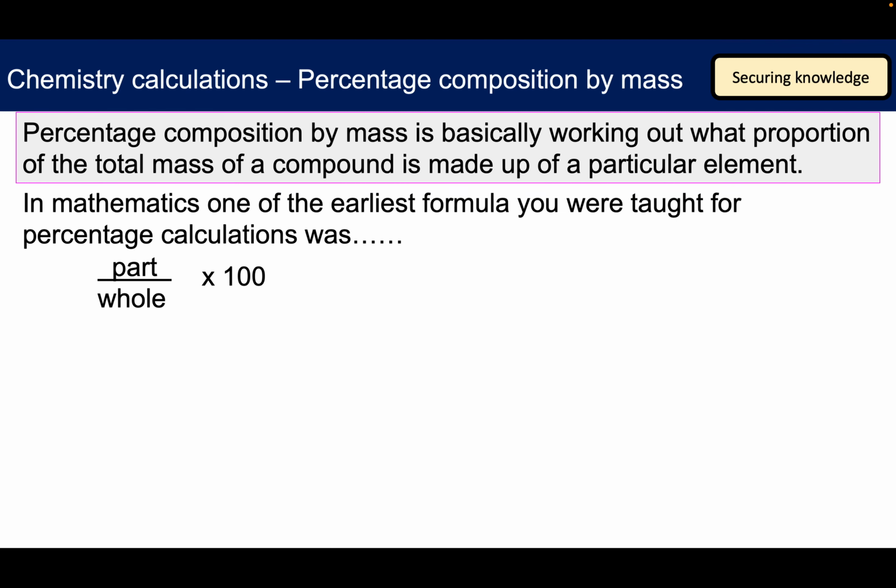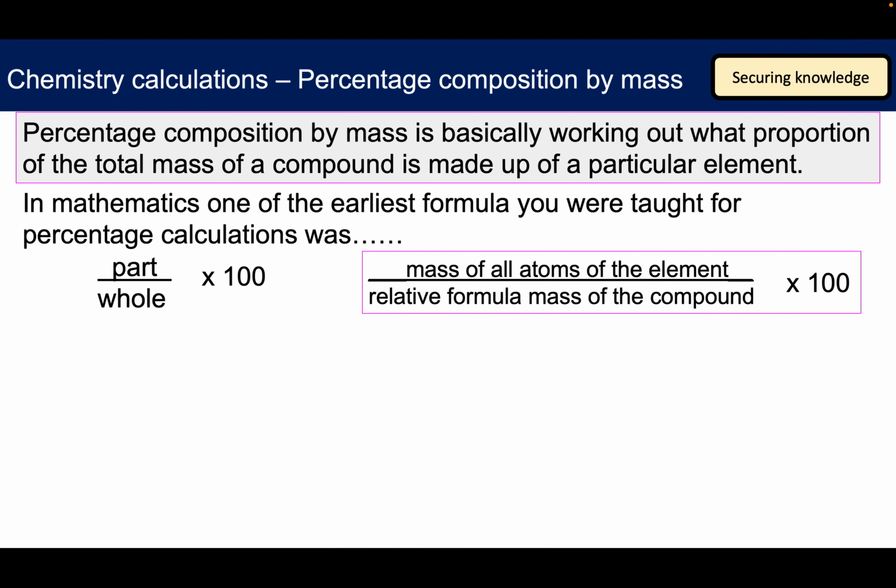We're going to do exactly the same, but in a chemistry context, by doing the mass of all of the atoms for the element posed in the question, divided by the relative formula mass of the compound multiplied by 100. So we are being assessed on our skill of relative formula mass calculations as well when we do this.